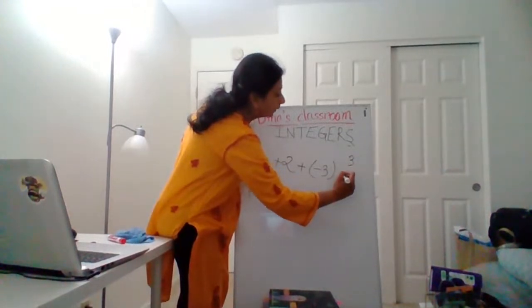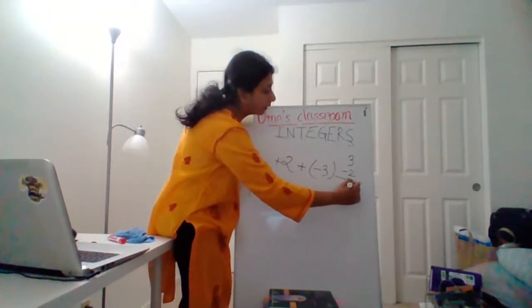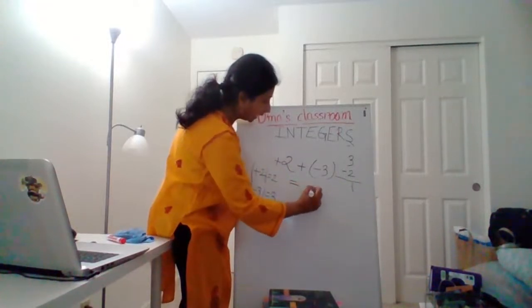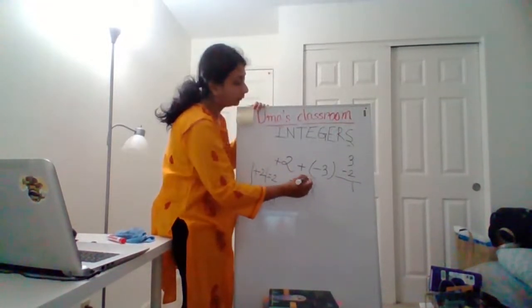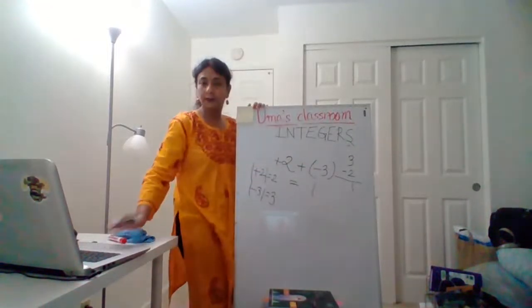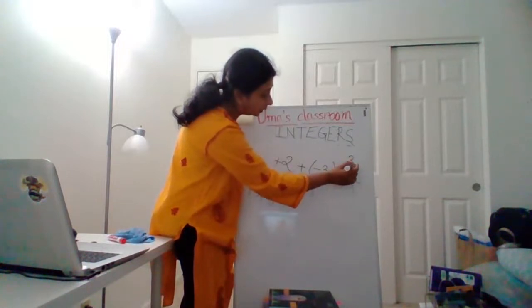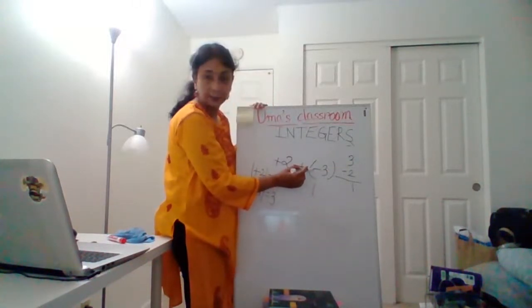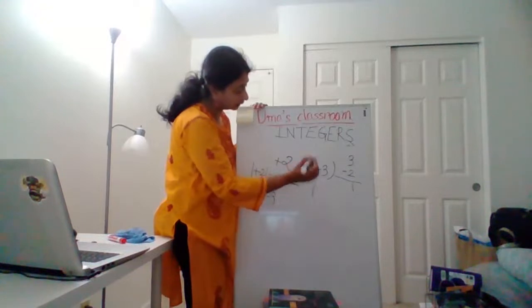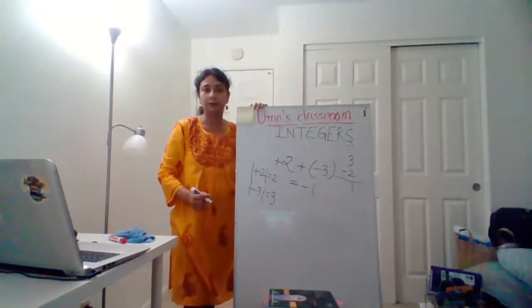So 3 minus 2, bigger number minus smaller number, it's giving me 1. And the sign will be which is associated or linked with the larger number. As larger number is 3 and the sign attached to this larger number is negative. So my result will also be negative.